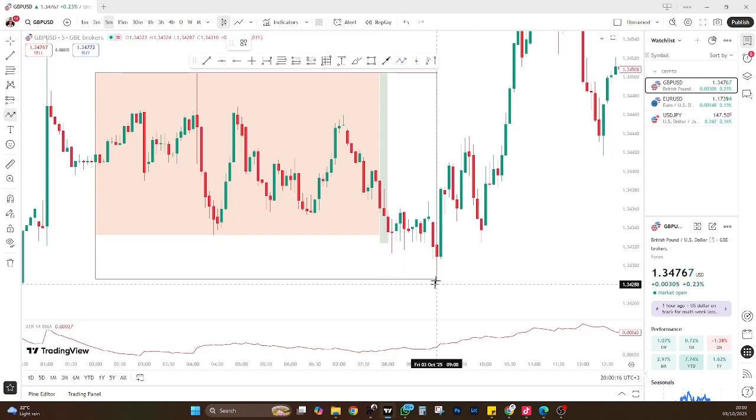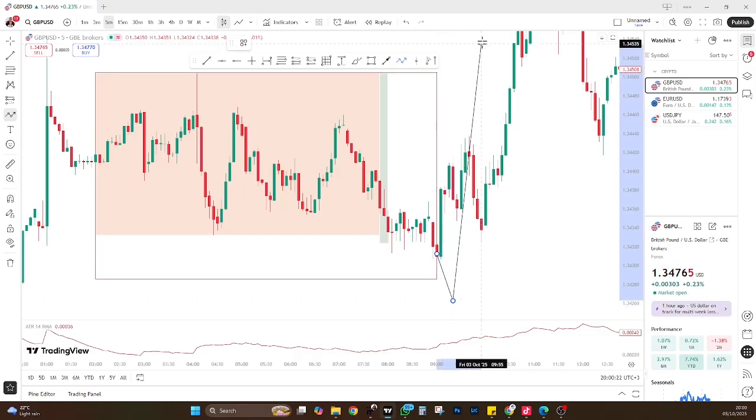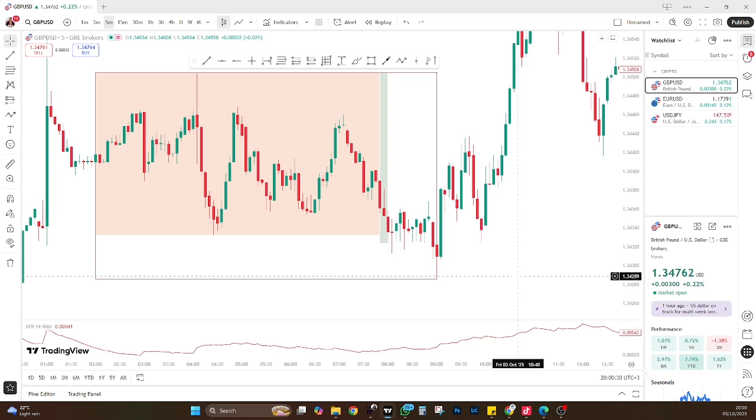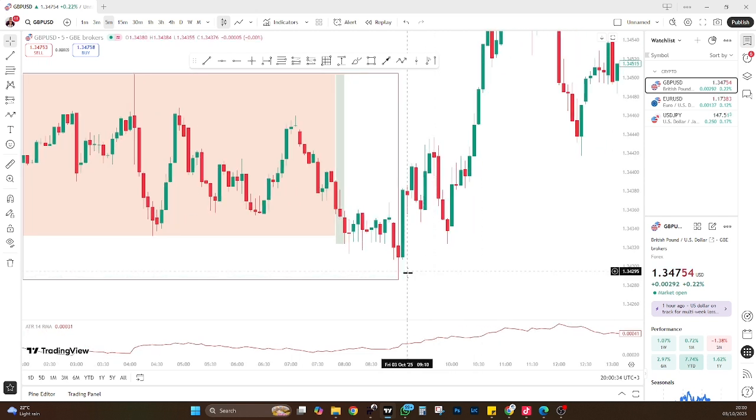Sometimes the market can come and take out this liquidity and then buy, and then it will come back. But we want to get the main move for today. The main move is the buys. So wait for this.